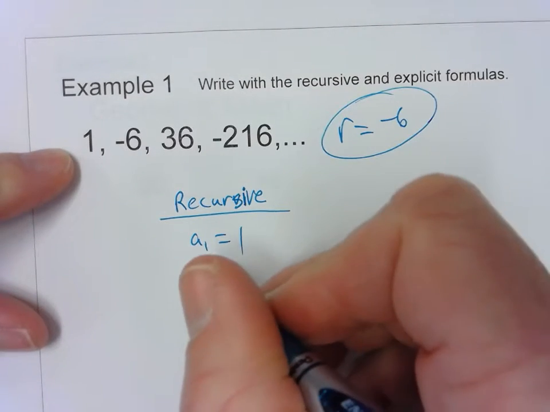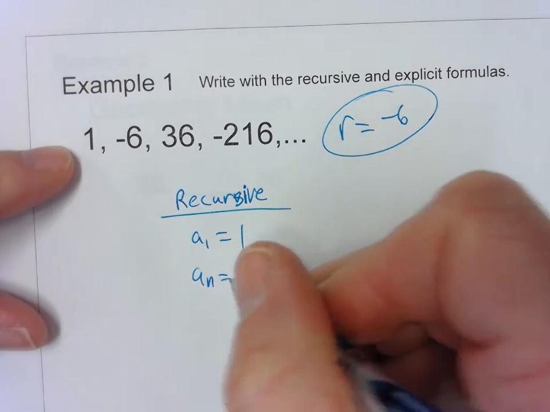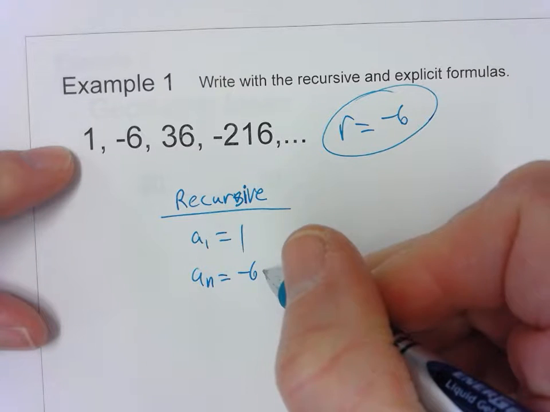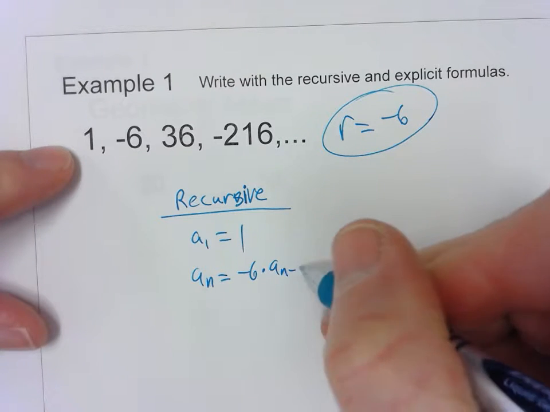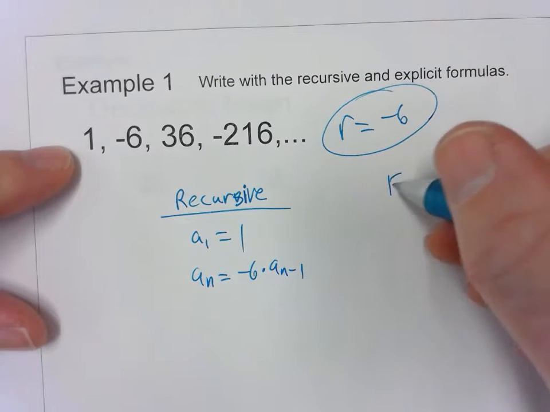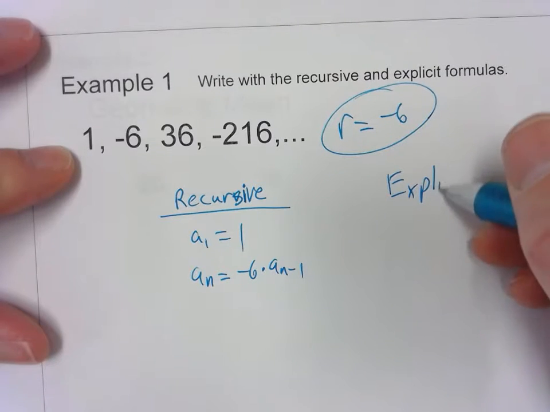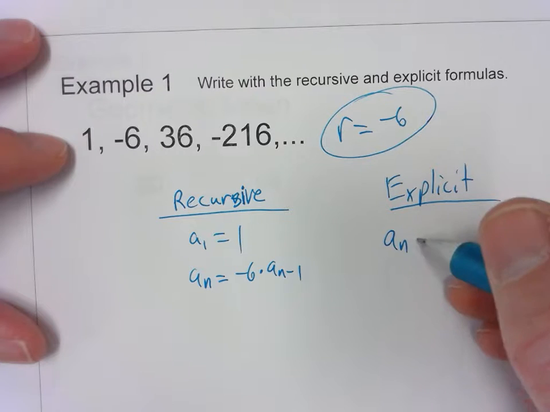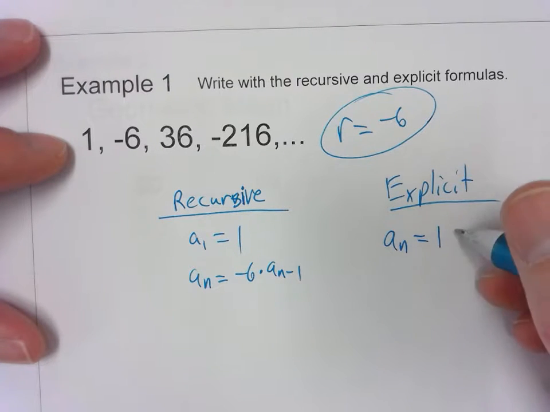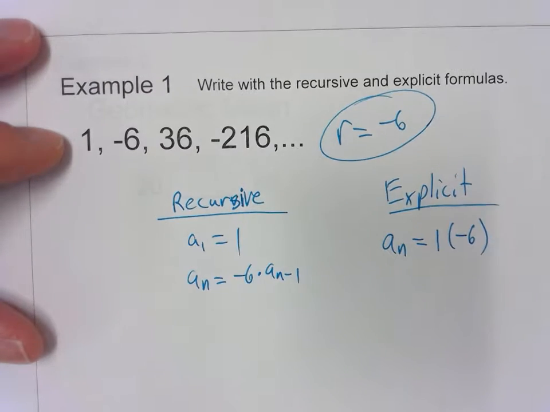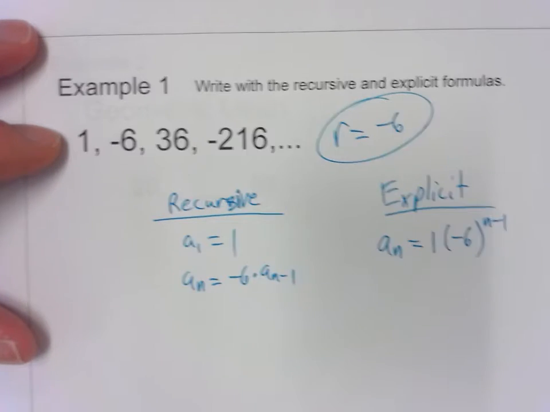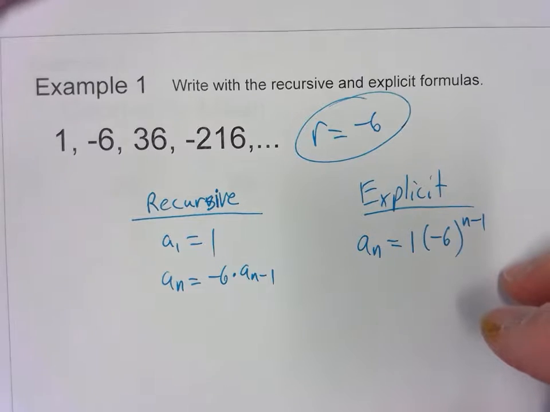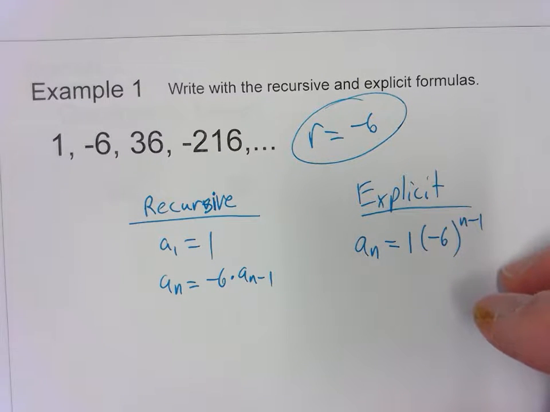So a_n would be negative 6 times the previous term. Done. The explicit formula is first term, which is 1, and then negative 6 is your common ratio, and then n minus 1, and that jumps you to anywhere you want to go down the list, the sequence.